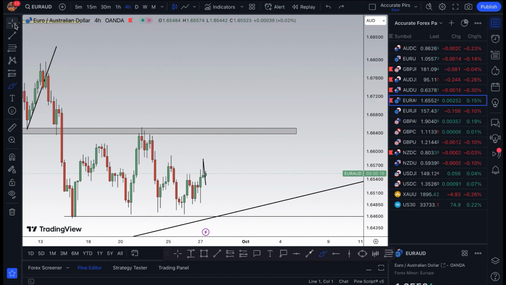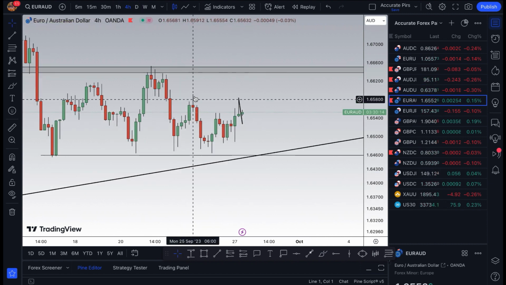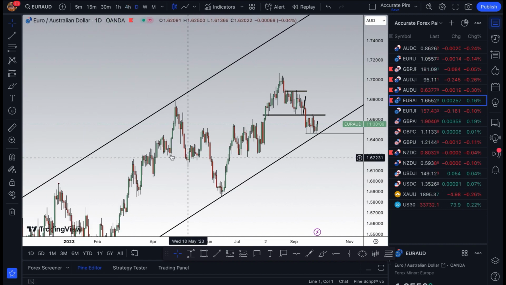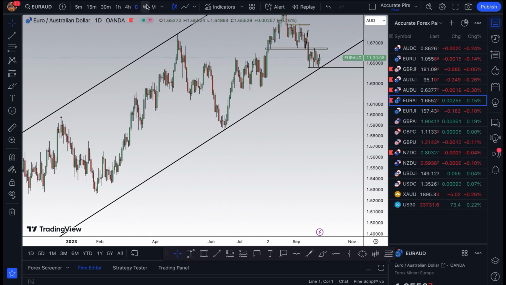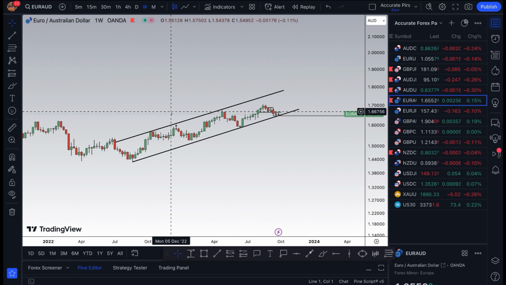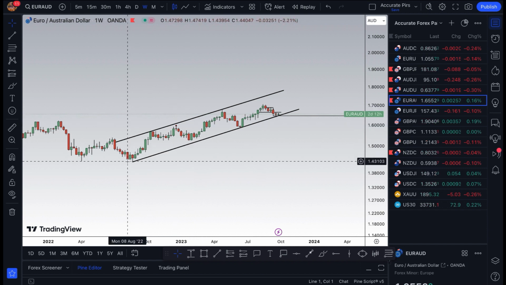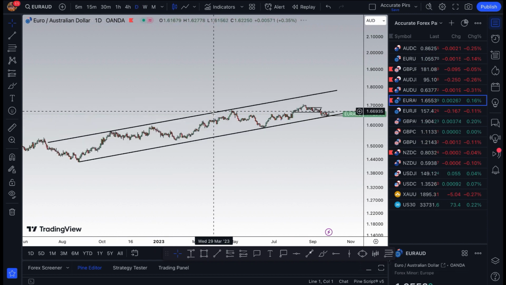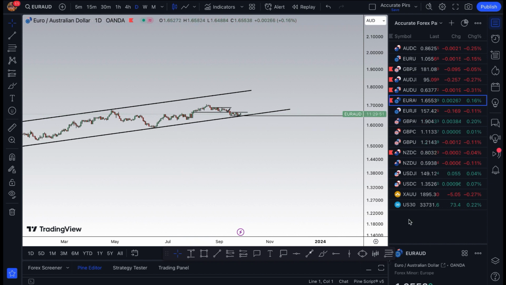So right, let's look at EUR/AUD. On a daily time frame, you can see we're in this channel here, this uptrend channel. Look at it on a weekly time frame, you have a bigger view of it, and you can see we have been trending from last year towards the upside. Looking at it on a daily time frame, you get that structure.